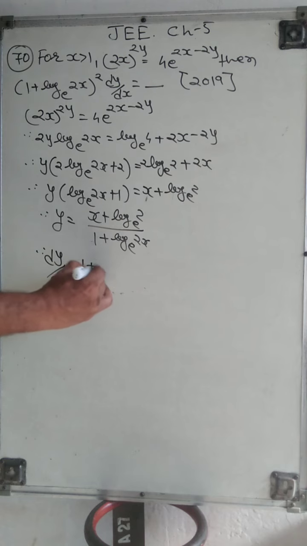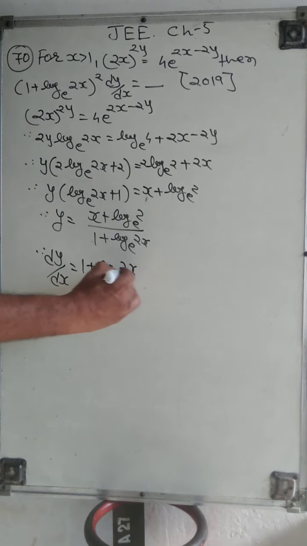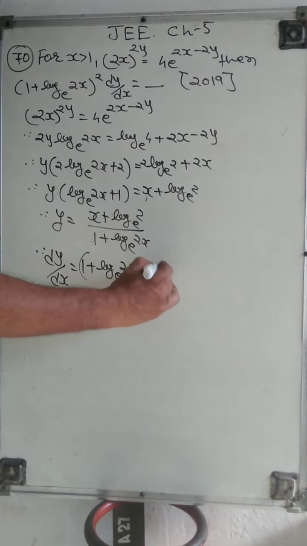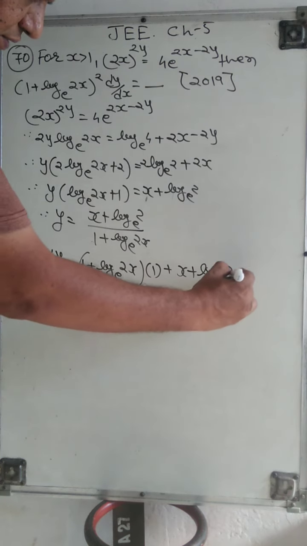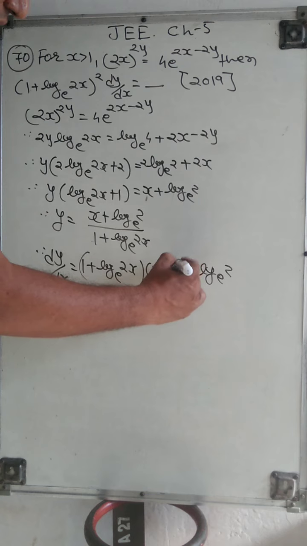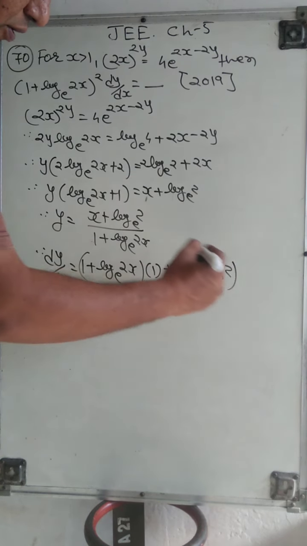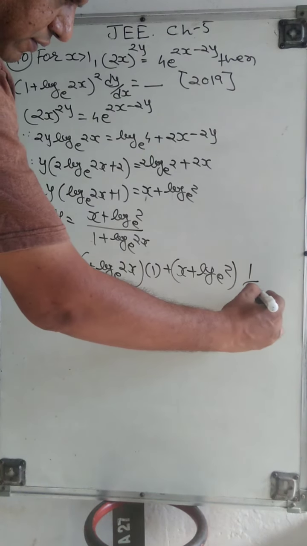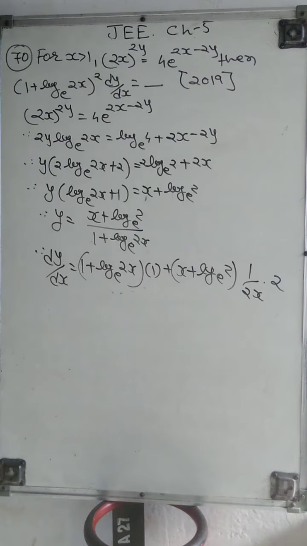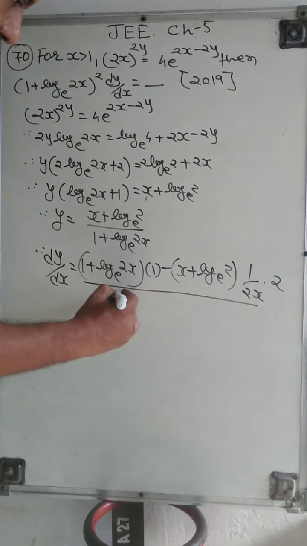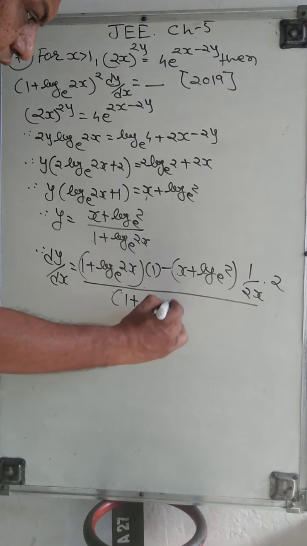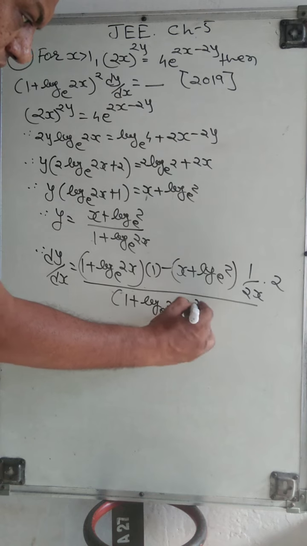So it is 1 plus log 2x to base e into 1 plus x plus log 2 to base e into log 2x is 1 upon 2x into 2, right? So upon, this is minus, upon 1 plus log 2x to base e square.